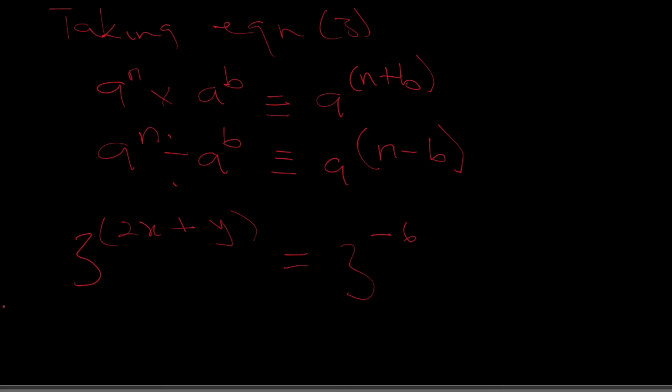Now, since the left-hand side is equal to the right-hand side, and 3, which is this base, is the same here, then we can say that the exponents, that's 2x plus y, should be equal to negative 6. So if the bases are the same, we equate the exponents. So 2x plus y should be equal to negative 6. Now we have equation 5.